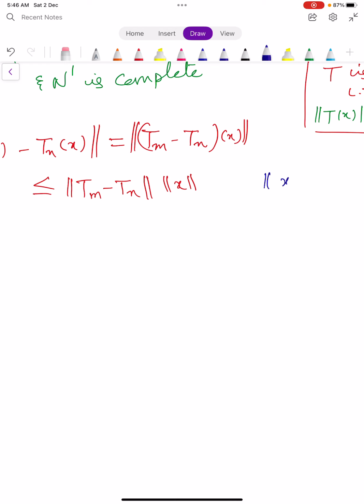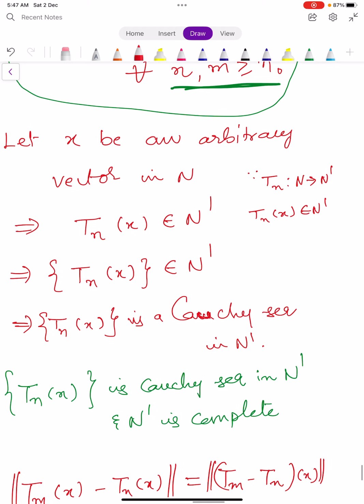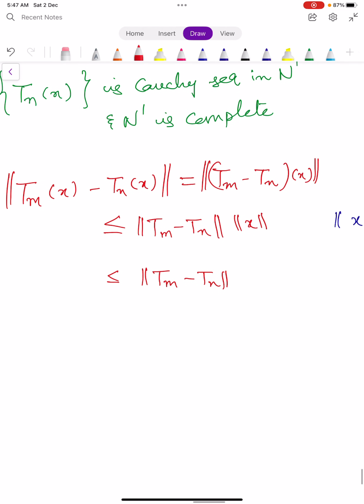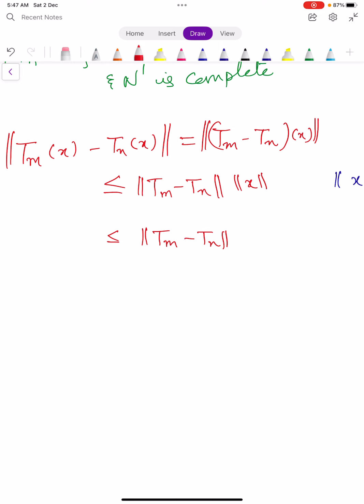Here, by definition, norm x is less than or equal to 1. So we apply that to norm Tm minus Tn. Let us see equation 4. What is equation 4? Norm Tm minus Tn is less than epsilon. By applying equation number 4, it is clearly less than epsilon. Therefore, norm Tm of x minus Tn of x is less than epsilon.